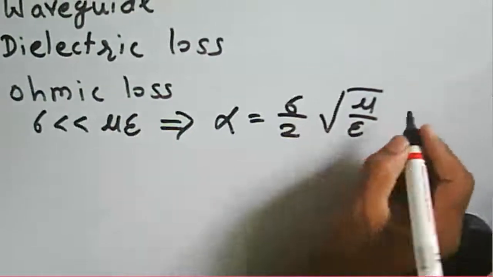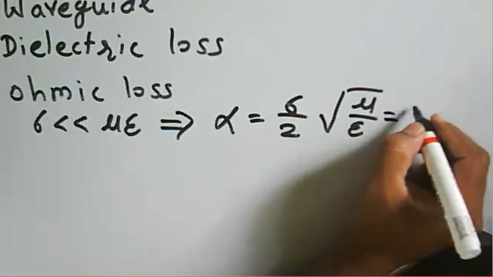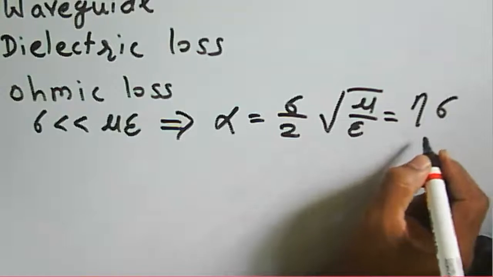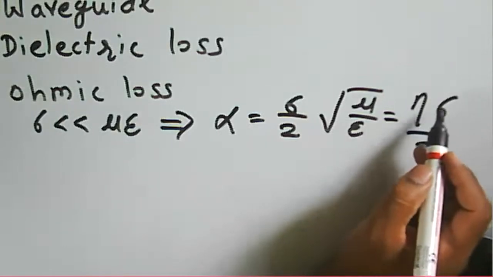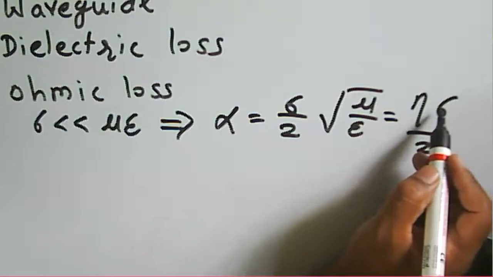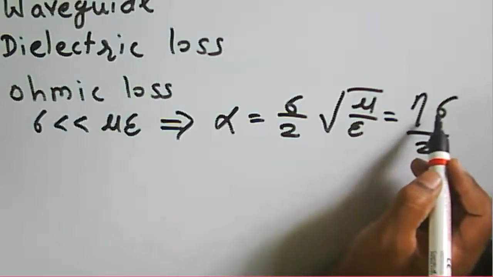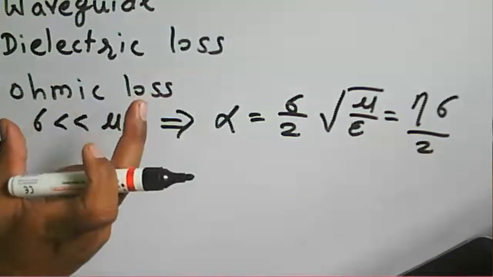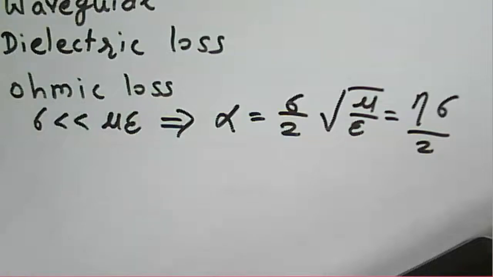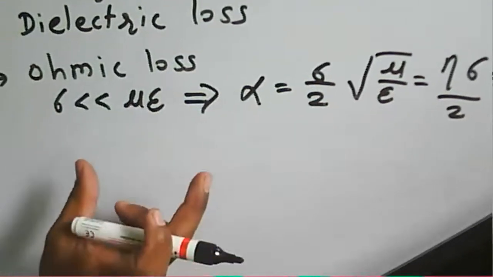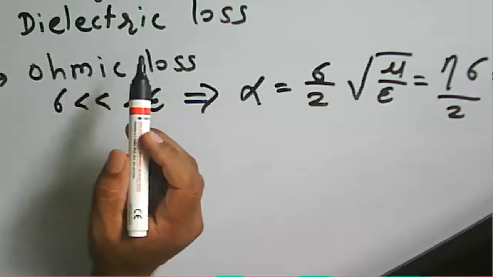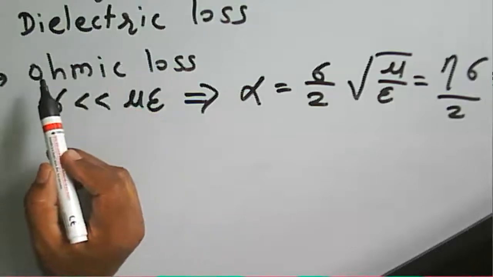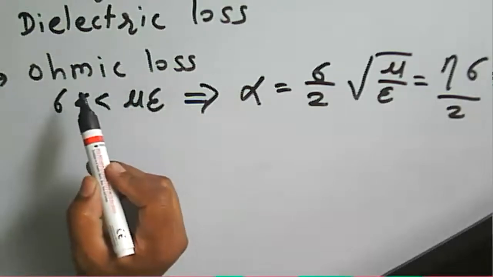Then mu by epsilon under root is nothing but eta, so eta sigma by 2, where eta is the intrinsic impedance and sigma is the conductivity. That loss in a rectangular waveguide is nothing but the attenuation in a waveguide because of the dielectric medium or attenuation because of the ohmic loss.